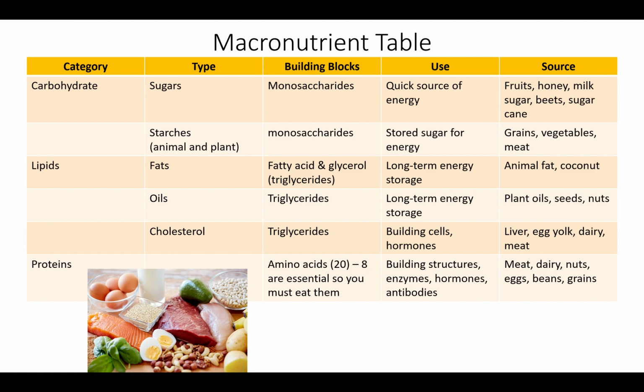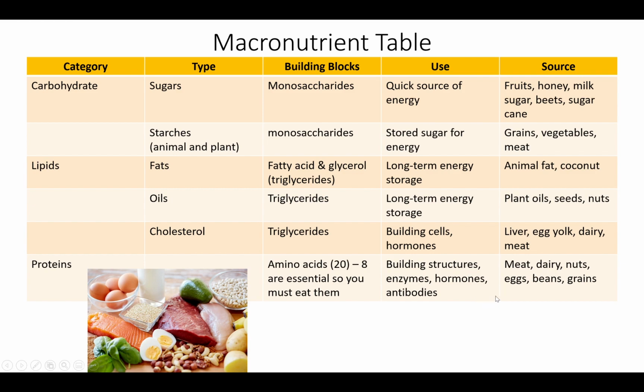Your body has a ton of things that it needs proteins for, so having this huge ability to make a variety of them with the number of amino acids there are is a great benefit to us. Now, 8 of the 20 are essential, which, remember, means you can't make it, you have to eat it. So 8 of those you have to eat in your diet to get all of your proteins.